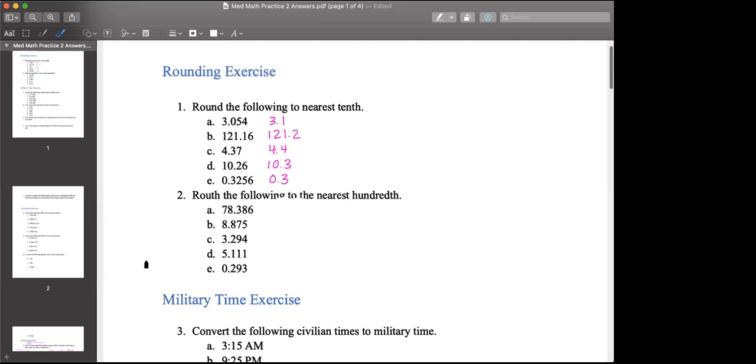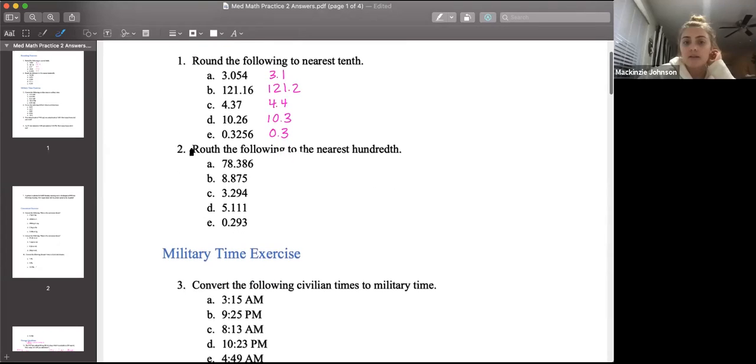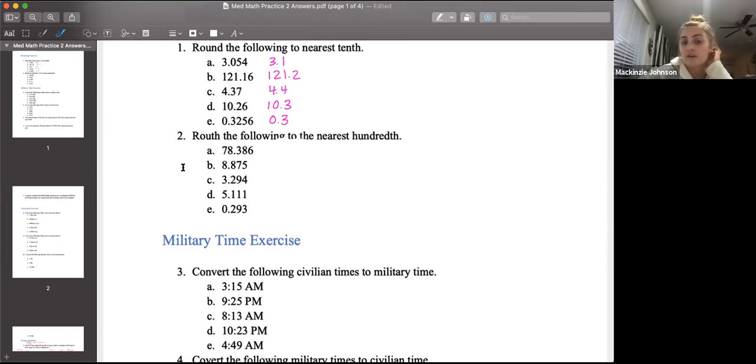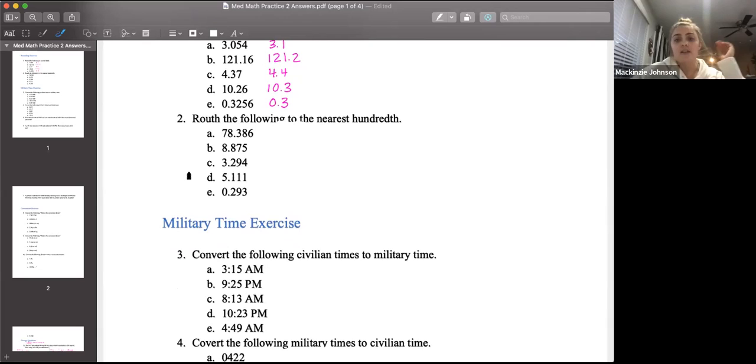Yes. Okay, cool. So this one is now rounding to the hundredths. Same concept, just one spot over, right? So it's 78.386.